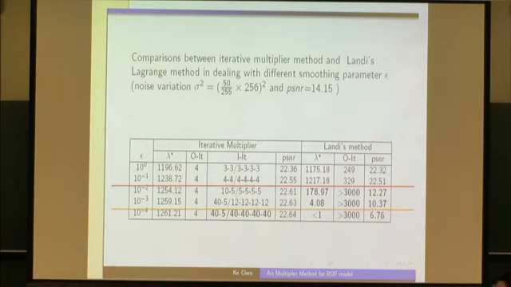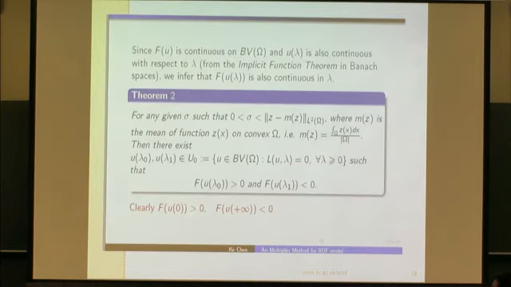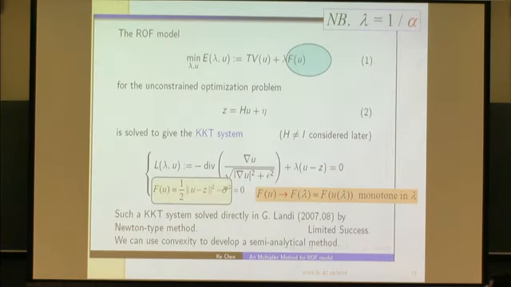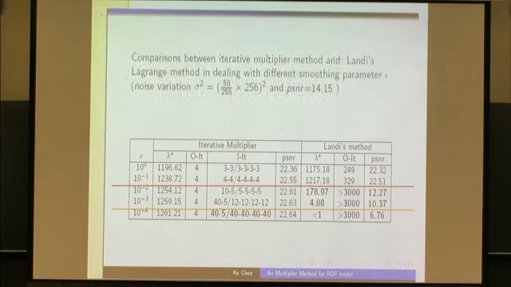You keep checking this f function, which is the fitting term minus the estimate. You check if it is near 0, if it's small enough, stop. Quite straightforward. So it's typically 4 steps, you stop, and then you find the parameter.